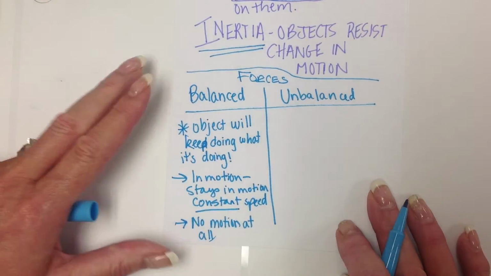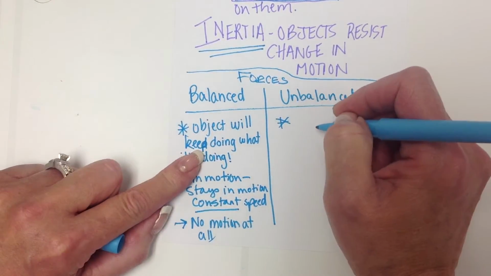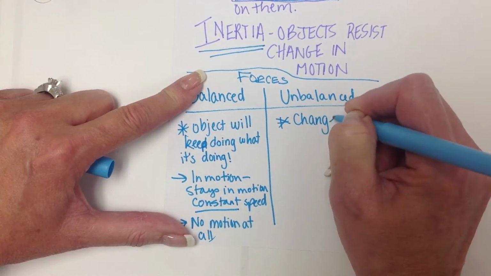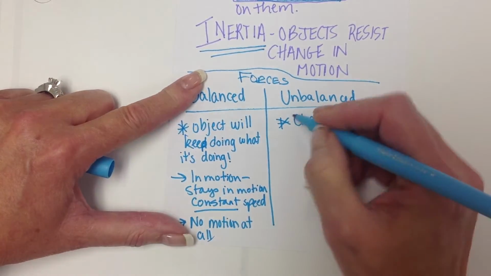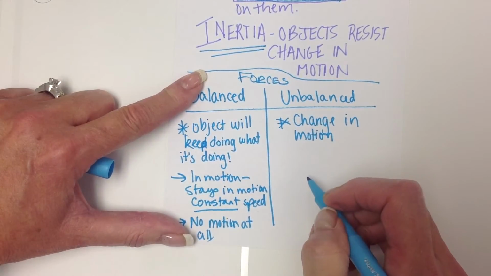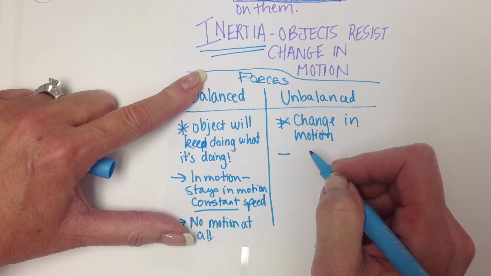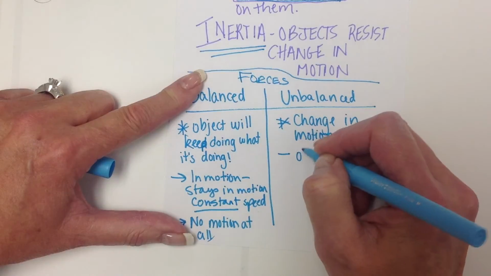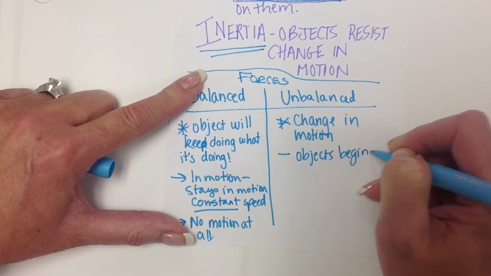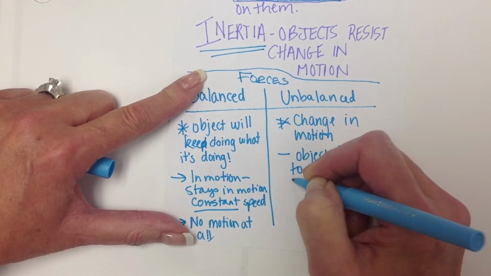Unbalanced forces are going to result in a change in motion. So the motion won't stay what it's doing. Here we're going to have a change in motion. And what that means is either if the object wasn't moving, it will begin to move, so objects begin to move as an unbalanced force is applied.